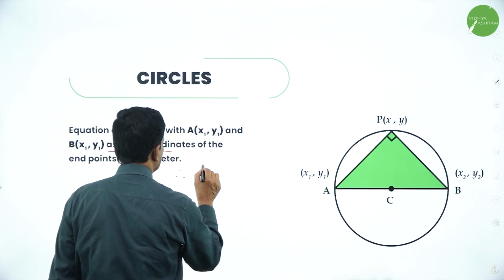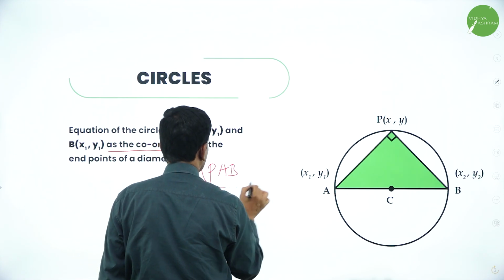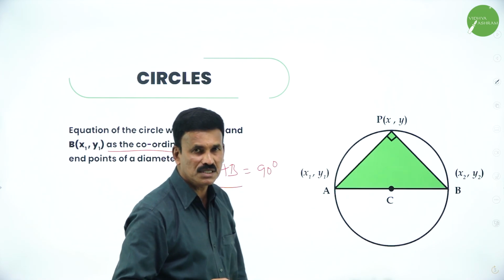So therefore angle PAB is equal to 90 degrees because it is an angle in a semicircle.